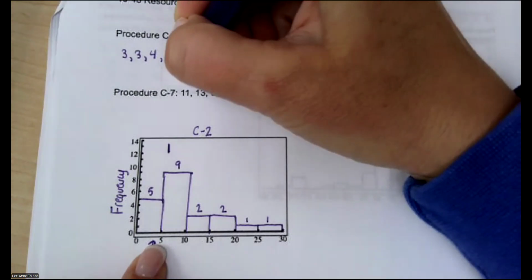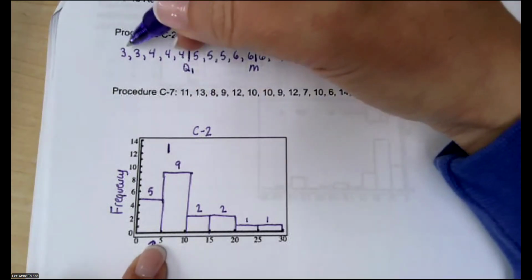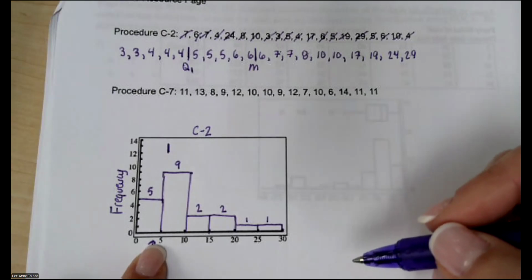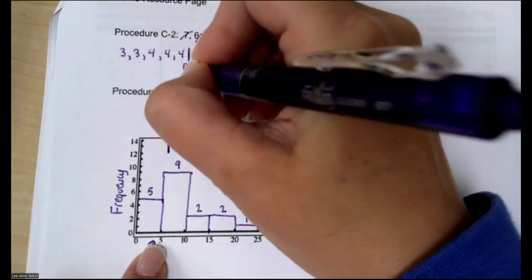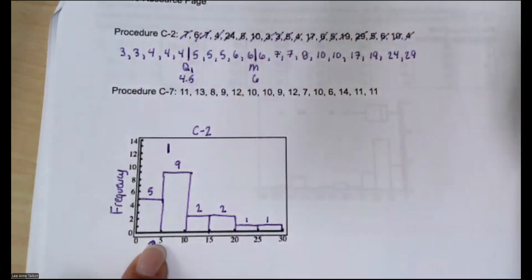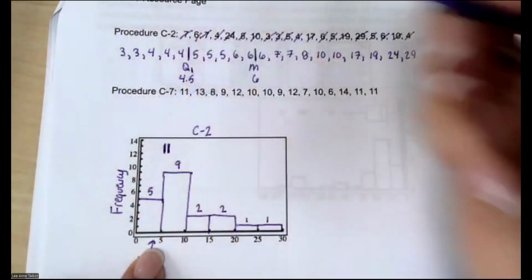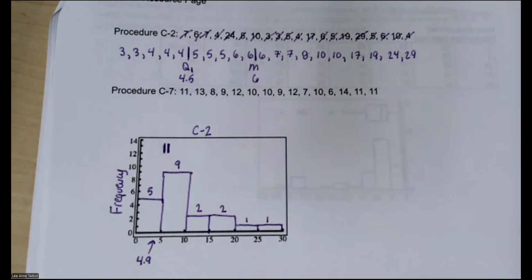So quartile one would be here, which is 4.5. Does that make sense to you guys? Which would be right in front of the 5, so it's going to be really tight right there.